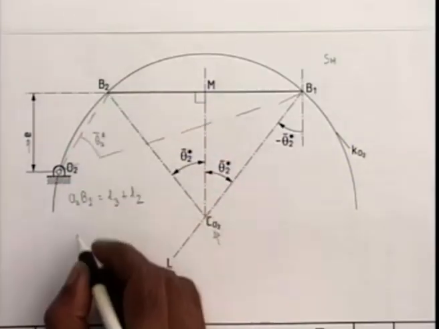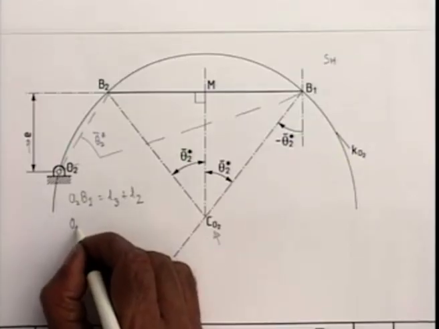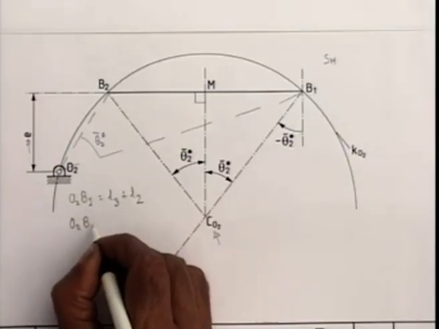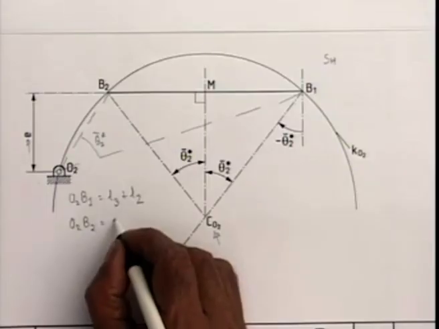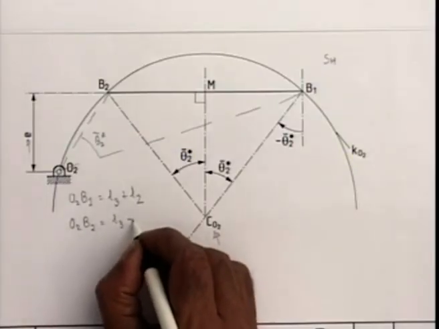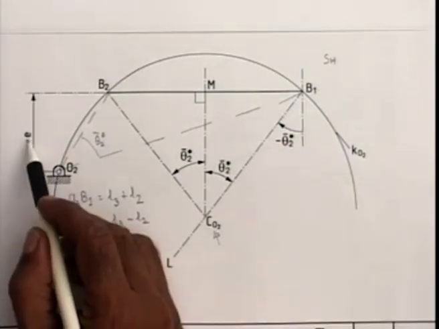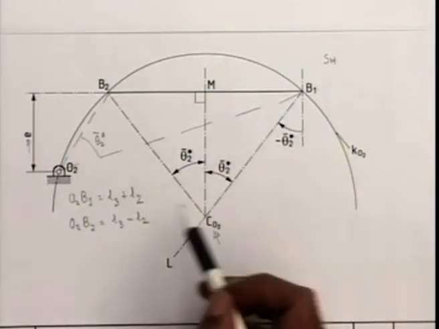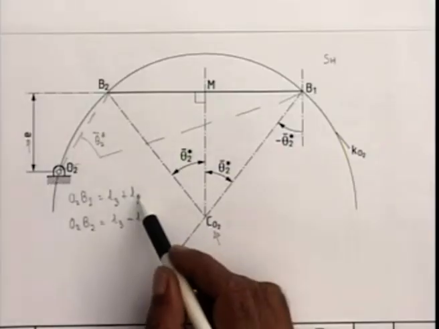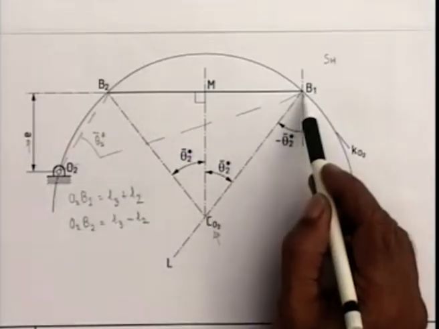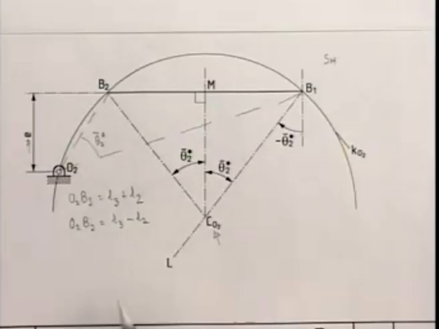Similarly, O2 B2 at the inner dead center configuration is L3 minus L2. So, out of the three kinematic dimensions, I assume E and determine L3 and L2 from the measurement of O2 B1 and O2 B2, and then solving these two equations.